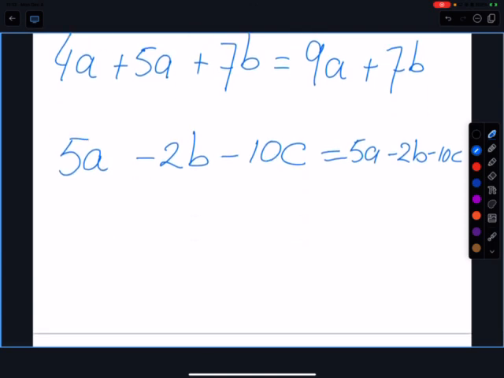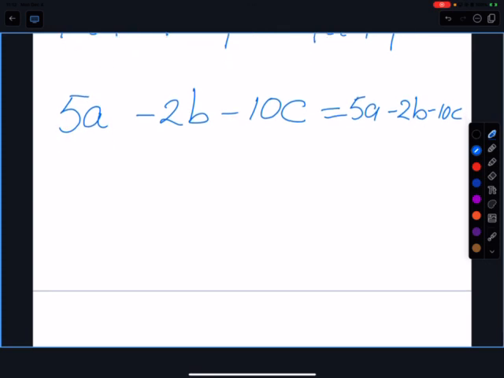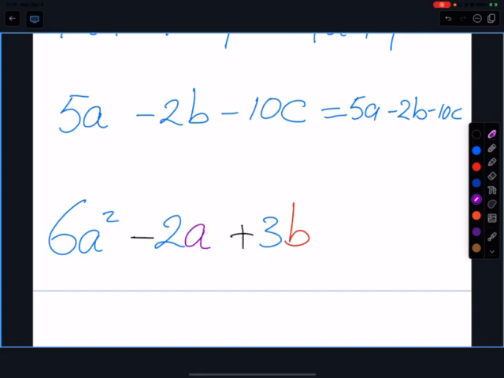Certain problems arose with the power. So certain people received exercises like 6a squared, subtract 2a, and then add 3b. What are we looking for?